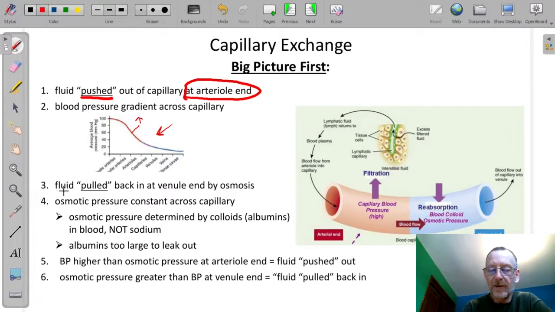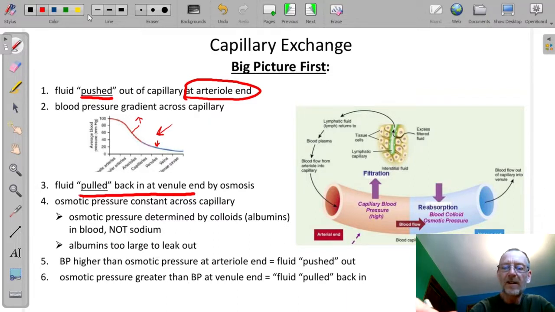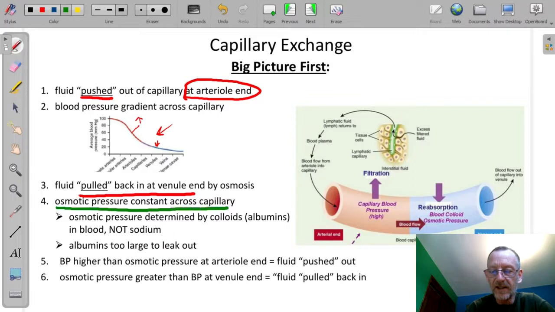And the fluid will be pulled back in at the venule end by osmosis, where the pressure is lower. So what's going to be changing across the capillary bed is the hydrostatic or the blood pressure. The osmotic pressure, you need to pay attention to this, is constant across the capillary, so that does not change.